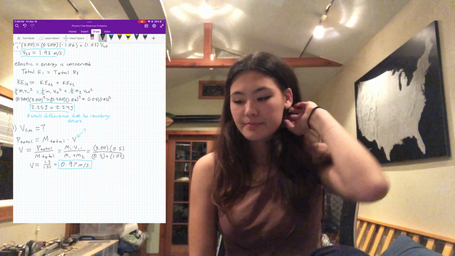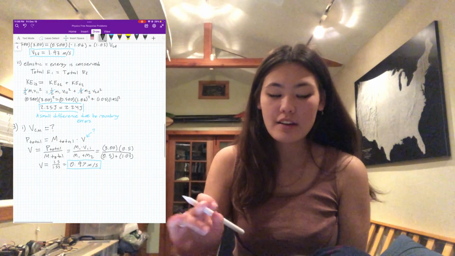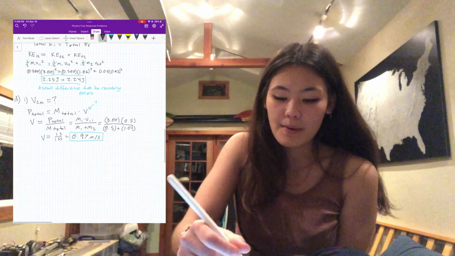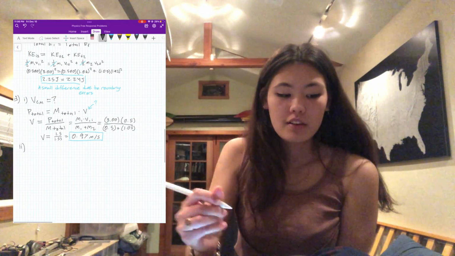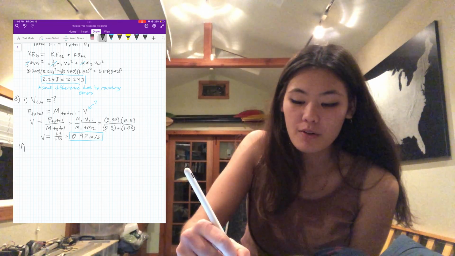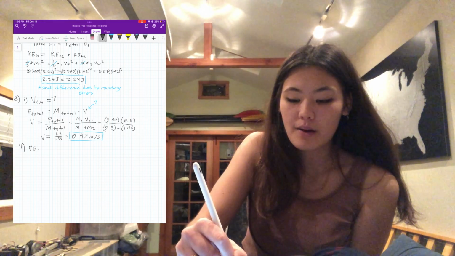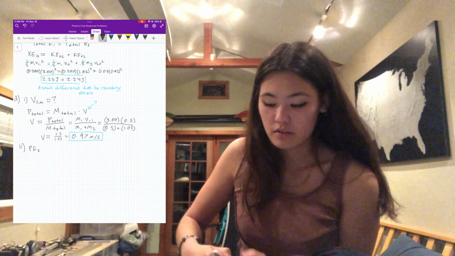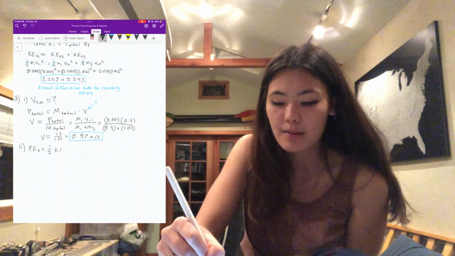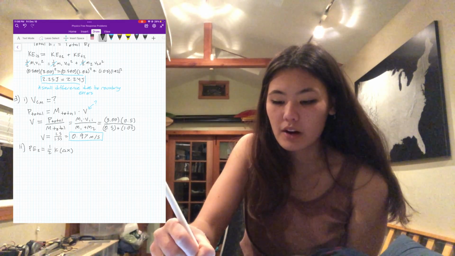And then finally, for part 2 of D, it asks us to find the maximum elastic potential energy stored in the spring. So we can start off by saying we know that the elastic potential energy is equal to 1/2 k times delta x squared.